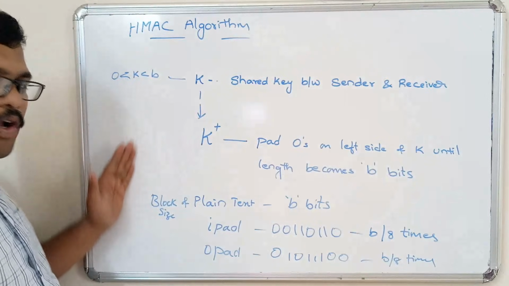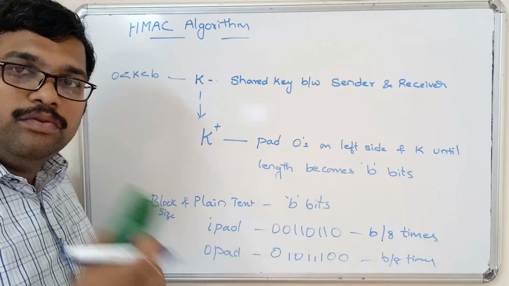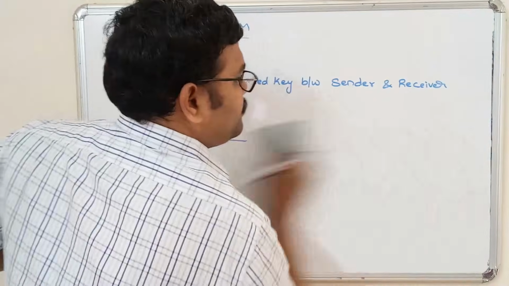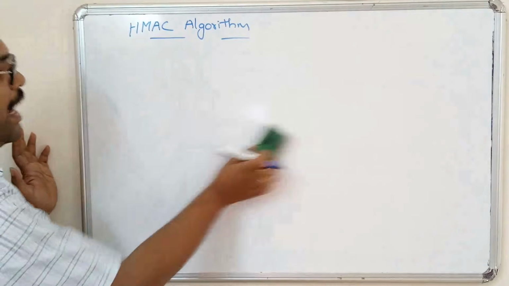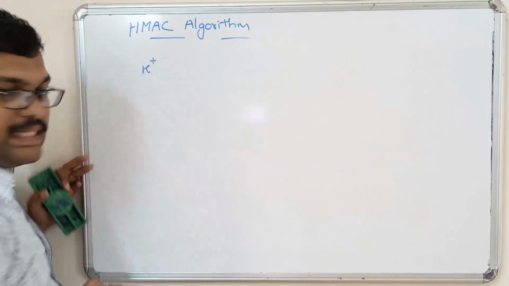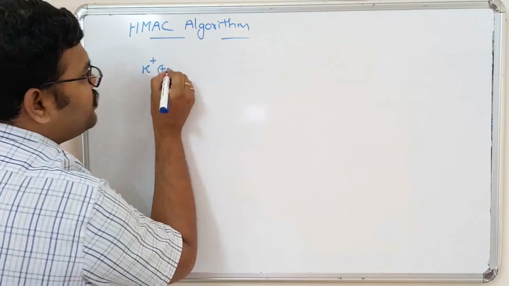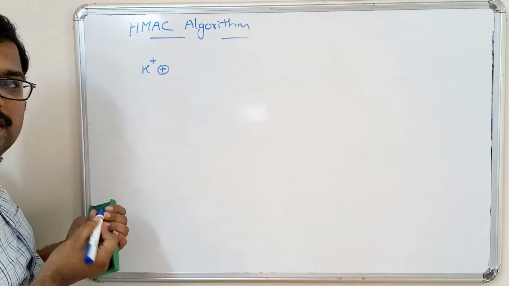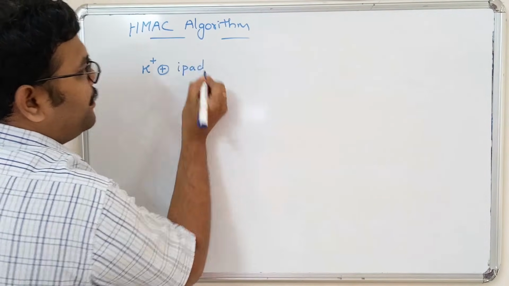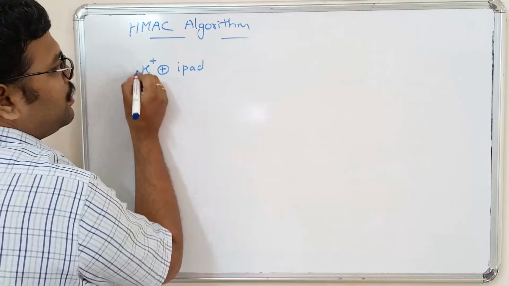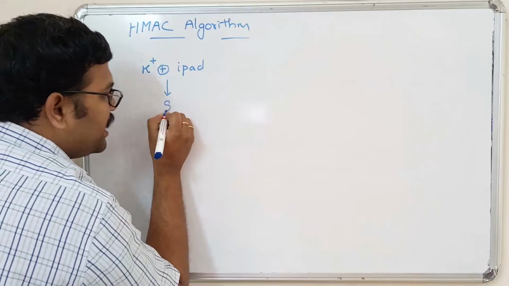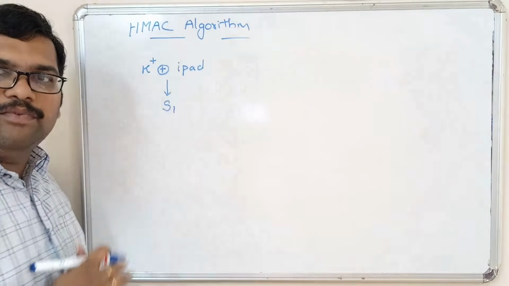Now after computing all these things, we have to calculate S bits. So how to calculate S bits? K plus XORed with iPad will produce S1, or Si, we can represent.